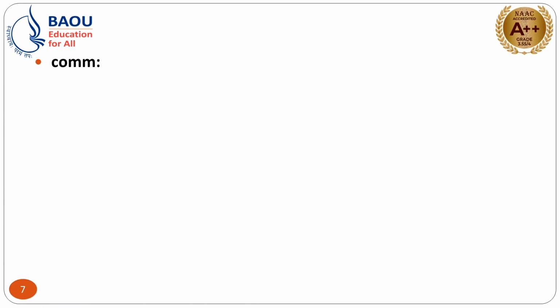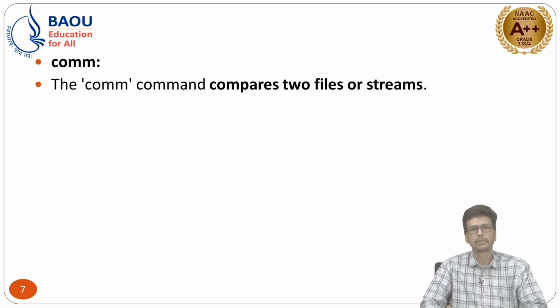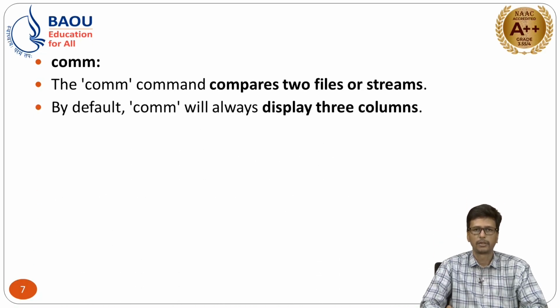Now the next is comm. The comm command, or comm filter, compares multiple files and represents the output in a 3-column display. Now what are these 3 columns? The first column contains the content available in the first file but not in the second one.